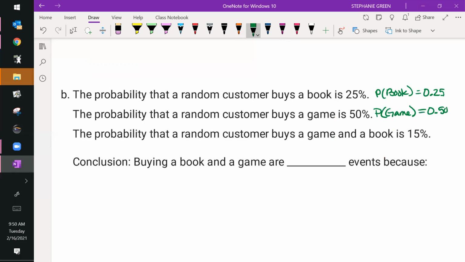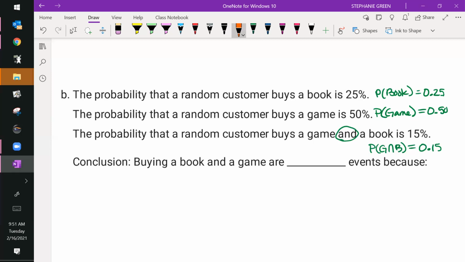The probability that a random customer buys a game and a book is 15%. So the probability of game and, I'll use the intersect symbol for and, book is 15%, which as a decimal is 0.15. So conclusion, buying a book and a game, are they independent or dependent?